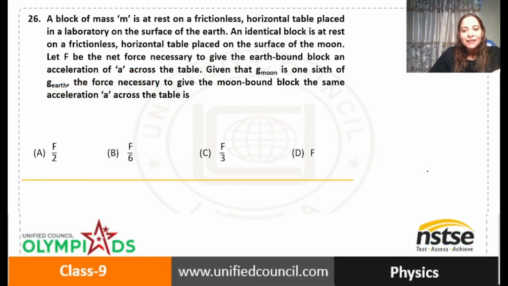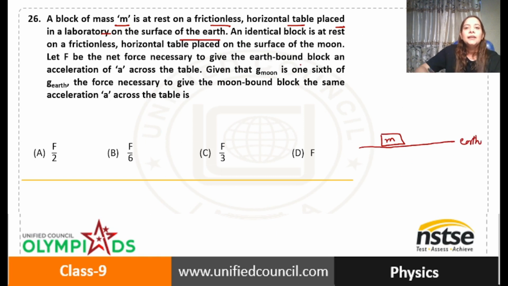The first question says, a block of mass m is at rest on a frictionless horizontal table placed in a lab on the surface of the earth. Let's say this is a block of mass m, placed at rest on a frictionless horizontal surface, on a horizontal table placed in the lab, and this table is placed on earth.